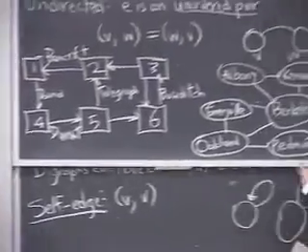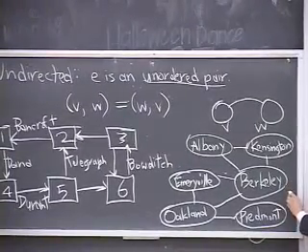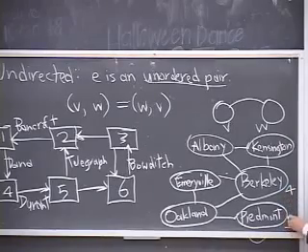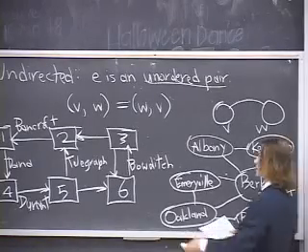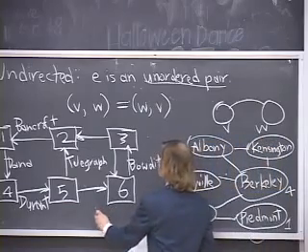So just to have a few more examples, in this graph, for instance, Berkeley has a degree of 4, Piedmont has a degree of 1, and intersection 6 has an in degree of 2 and an out degree of 1.